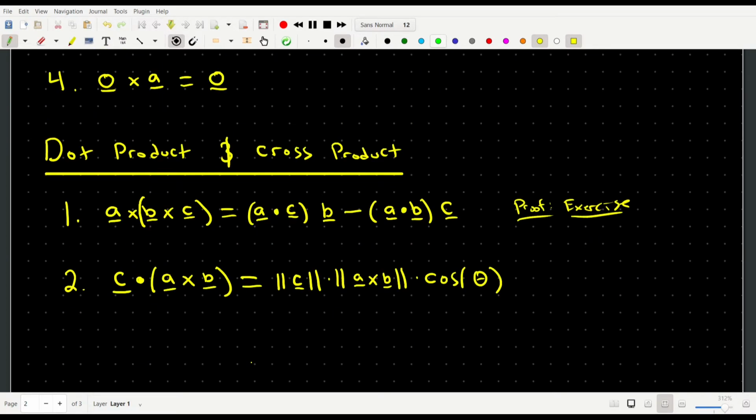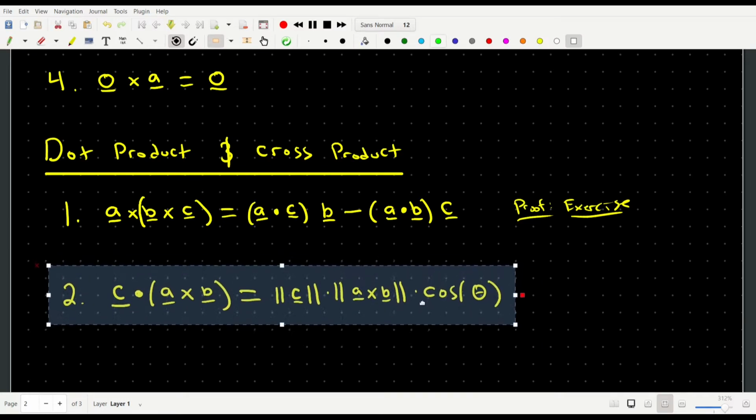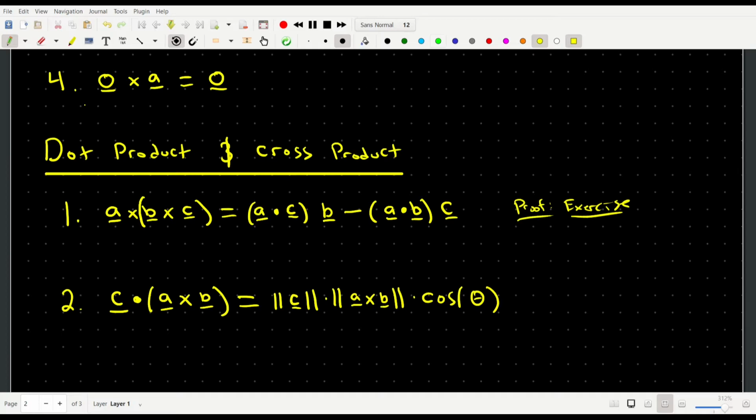The last thing that I want to talk about for the dot product and cross product, in their properties, is this new thing right here, which is the dot product of some vector C with A cross B. This is a name. It's very important. It's called the triple scalar product.